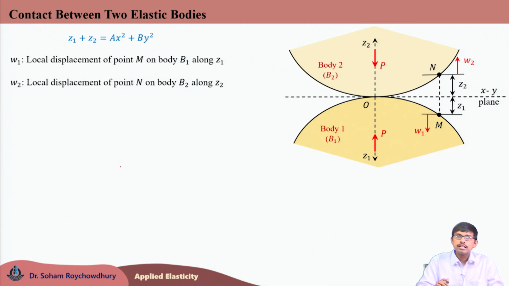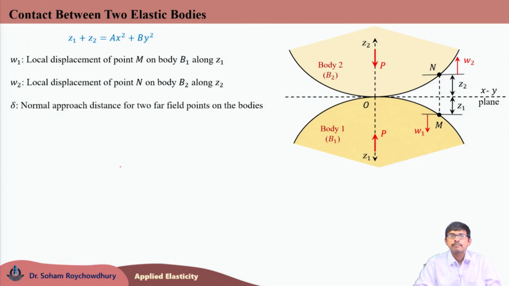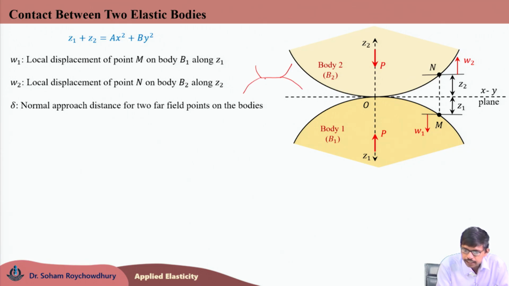However, there will be some far field approach between these two bodies. As we are pressing two bodies against each other, a certain amount of contact patch is generated, because from this configuration it will go to a configuration like this, where this much finite contact span is getting generated, and hence the centers of these two bodies will come closer to each other by, let us say, an amount delta.